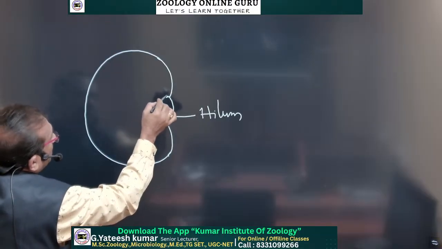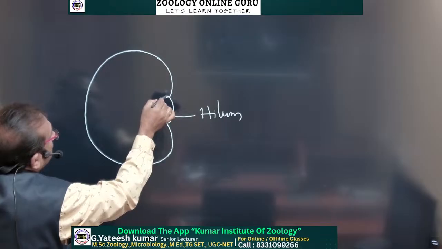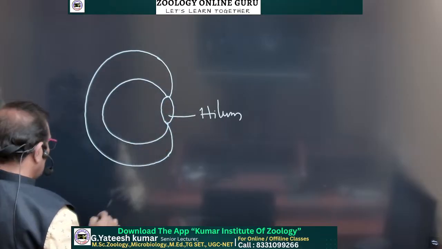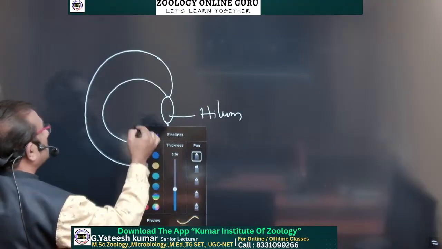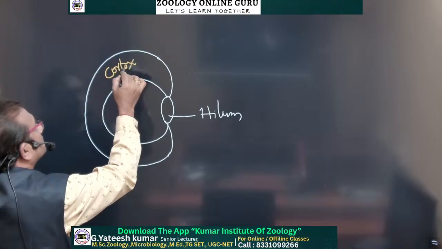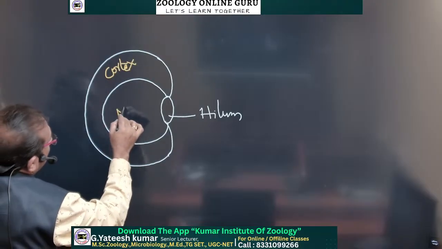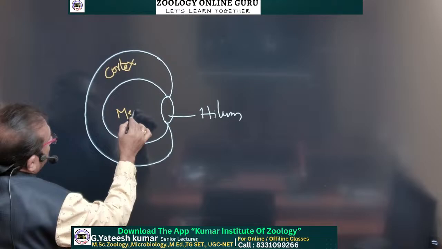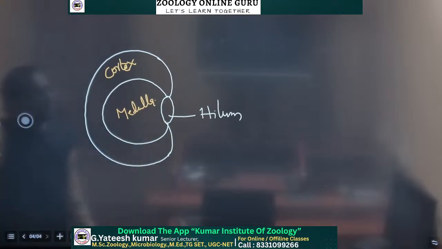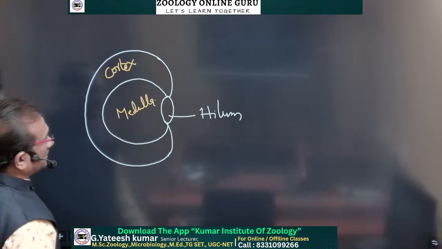If you cut open the kidney, there are two parts present. The outermost part inside the kidney is called the cortex, and the middle portion is called the medulla.